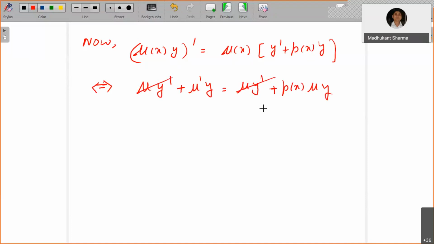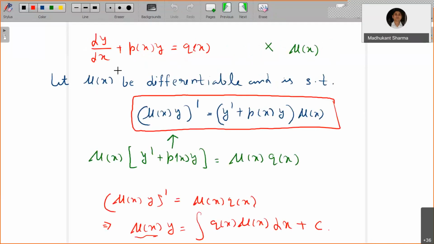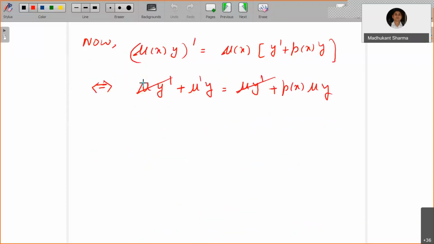Okay, the very first thing is that mu of x, we are searching for a non-zero function. So mu of x is non-zero. Okay, so that's fine. So this is if and only if mu dash y equals p of x times mu y.